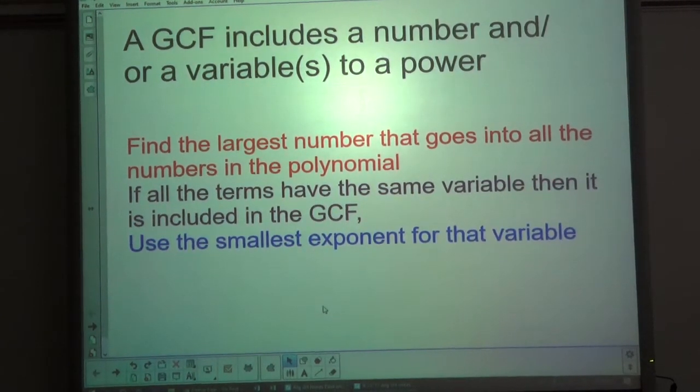So when we're working with this, find the largest number that goes into all the numbers, meaning the coefficients or constants. If all the terms have the same variable, then you're going to include it in the GCF. And you're going to use the smallest exponent for any of the variables that are included in the GCF.